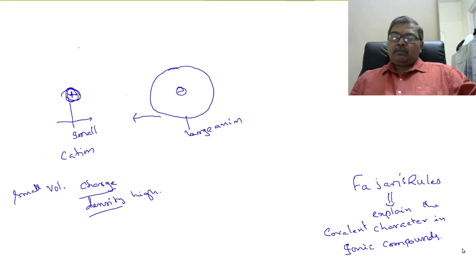Due to this, it attracts the electrons present in the outermost orbit of the anion towards itself. Due to this, the anion is deformed, or deformation takes place.